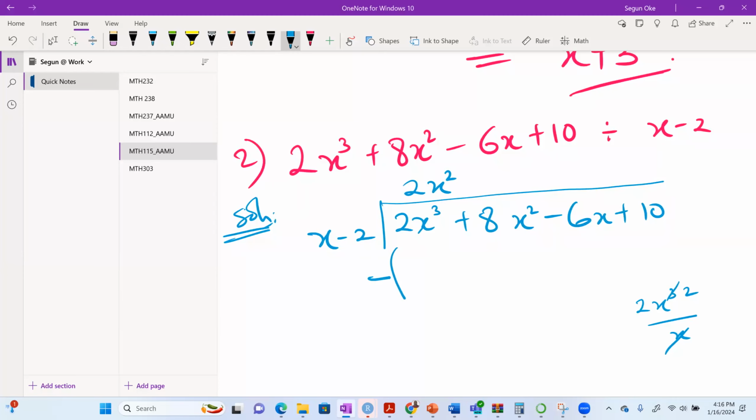So it's going to be 2x squared multiplied by x. You have 2x raised to the power 3 minus 2x squared multiplied by 2, minus 4x squared.